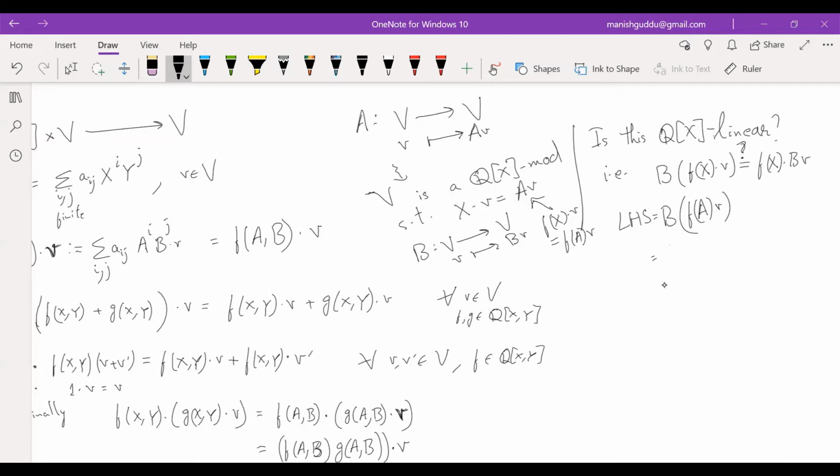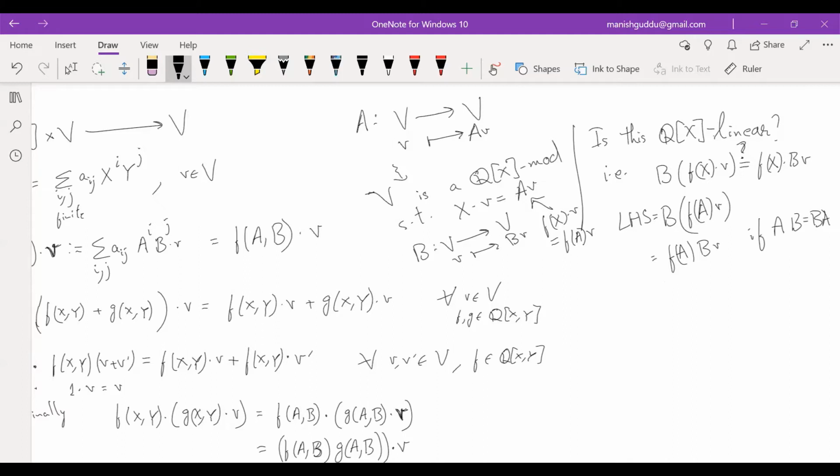So this will be equal to f(A) B v if AB equals BA, because you are going to change A and B many times, depending upon what the degree of the polynomial is. So this tells you that this map is Q[X] linear if AB equals BA, which is the case in part A.